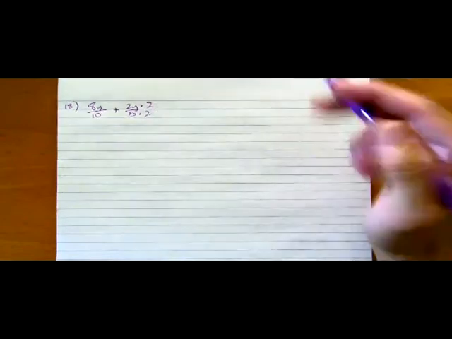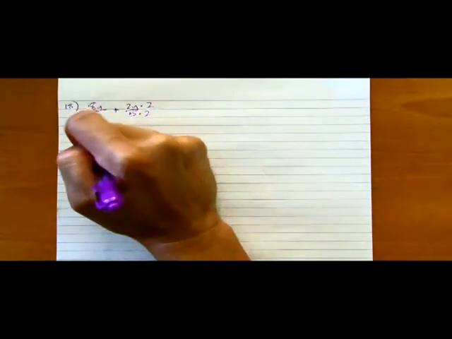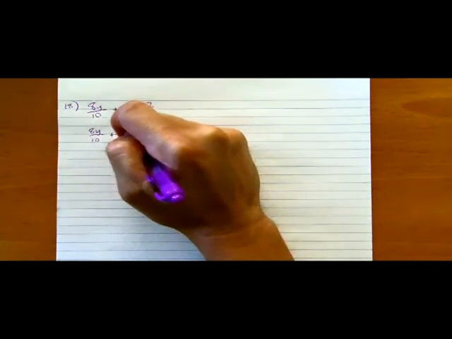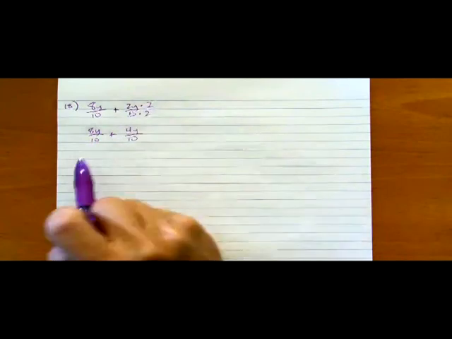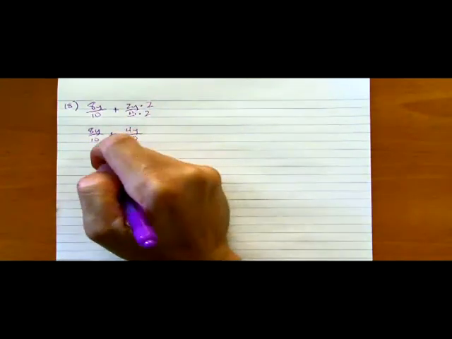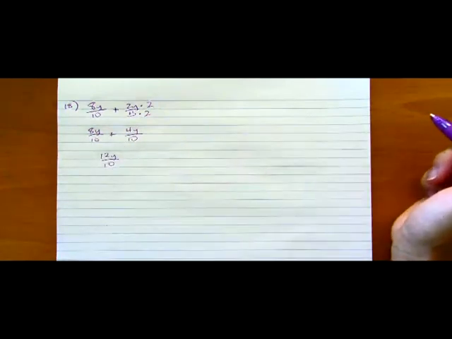Whatever we do to the bottom, we do to the top. That gives us 8y over 10 plus 4y over 10. Now the denominators match, so we can add the top. That gives us 12y over 10.